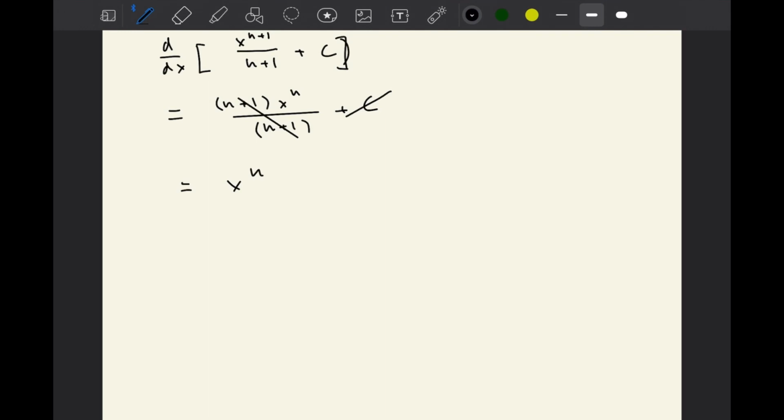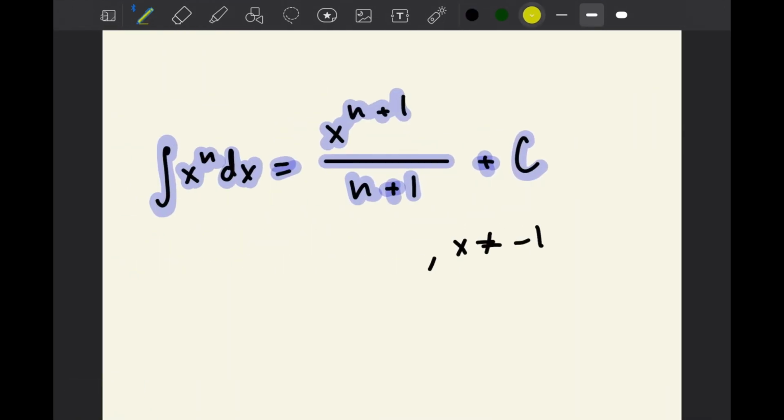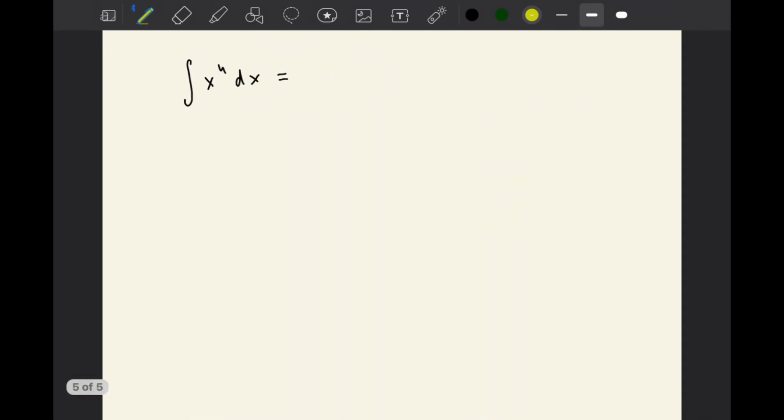Alright, now that we have this out of the way, let's do a couple of examples. Our first example is taking the integral of x to the power of 4 dx. This is a really straightforward example, and you just have to refer back to what we stated here.